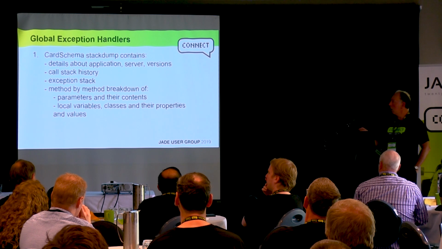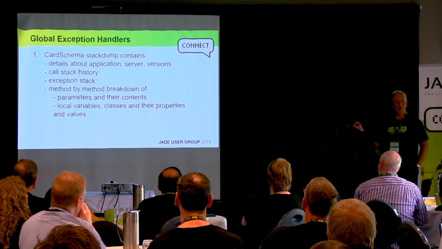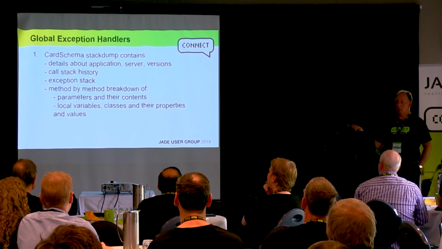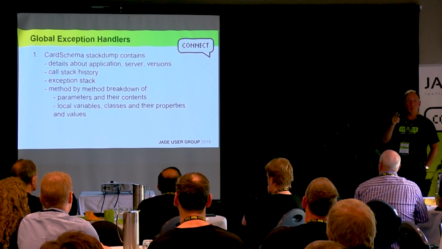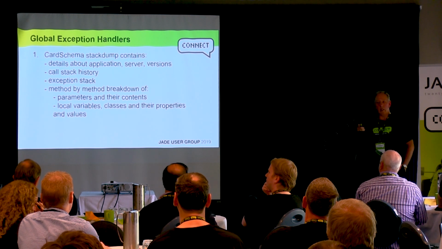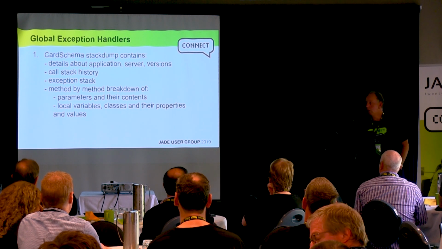You can invoke the stack dump routine from your own exception handlers if you wish. It's on the CN stack dump singleton, and you just need to say stack dump and pass the exception object. So you can actually get a stack.